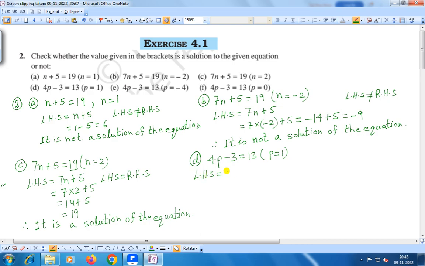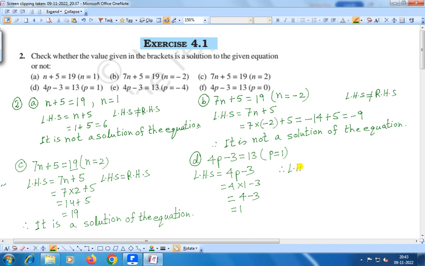Left hand side is equal to 4p minus 3, that is 4 times the value of p, 1, minus 3, that comes to 4 minus 3, that is equal to 1, and the value of right hand side is 13, therefore it is not equal.